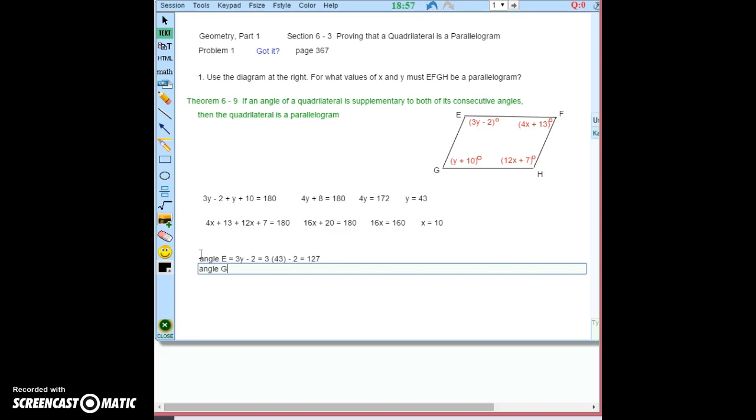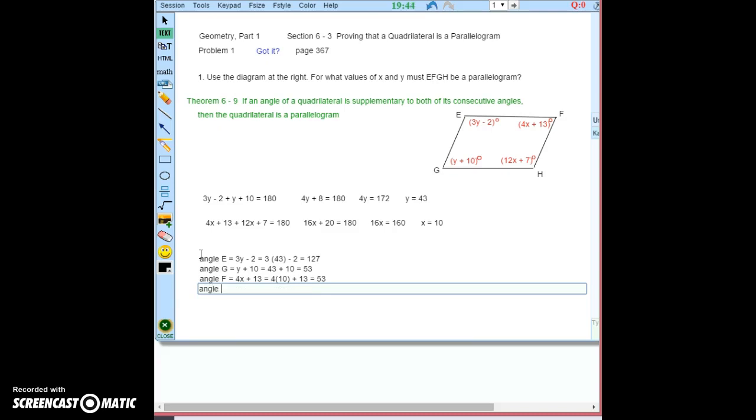Angle G, which also uses y plus 10, so that would be 43 plus 10, which equals 53. Angle F uses x, so 4x plus 13 equals 4 times 10 plus 13 equals 40 plus 13 would be 53.